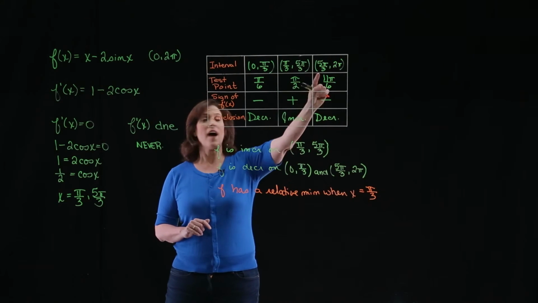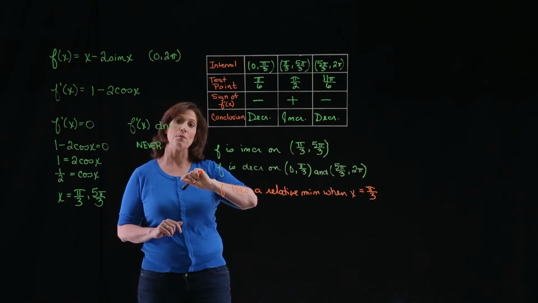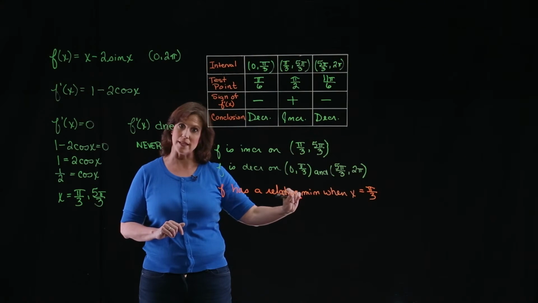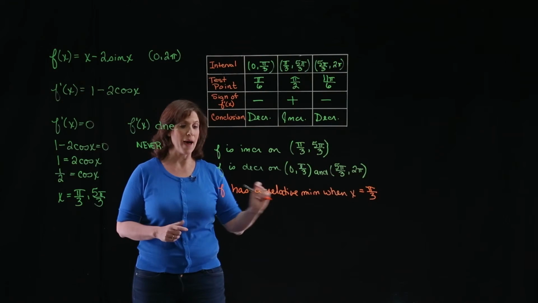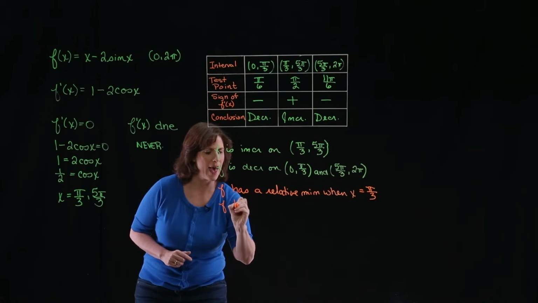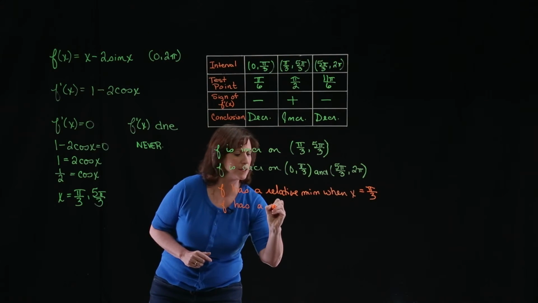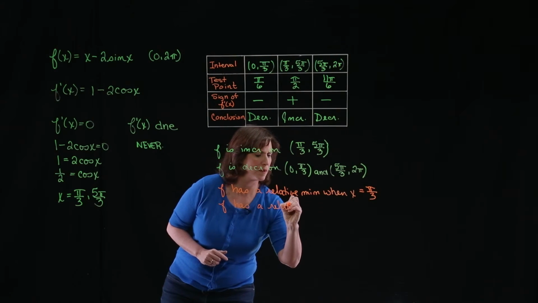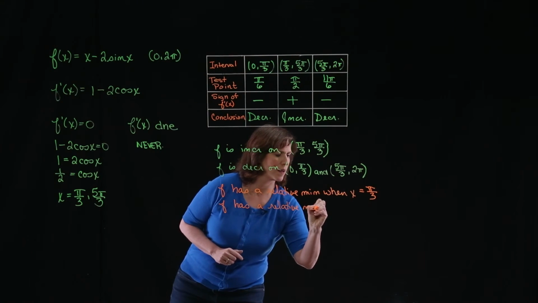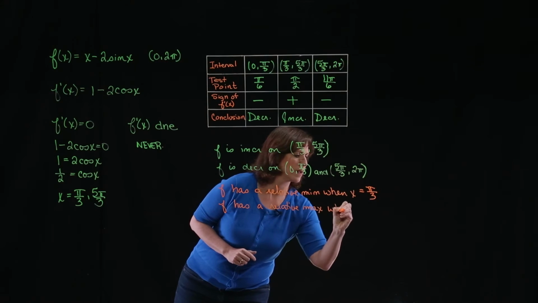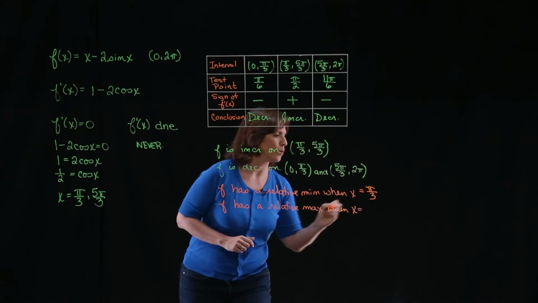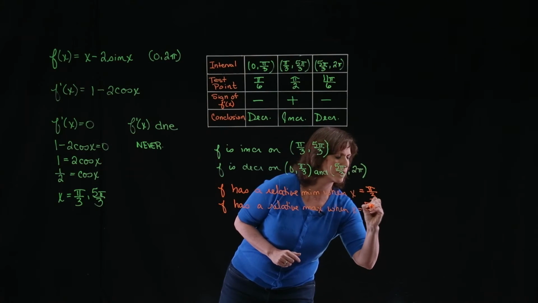Well, at 5 pi over 3, my graph changes from increasing to decreasing. That's going to create a relative maximum. So we'll say f has a relative maximum when x equals 5 pi over 3.